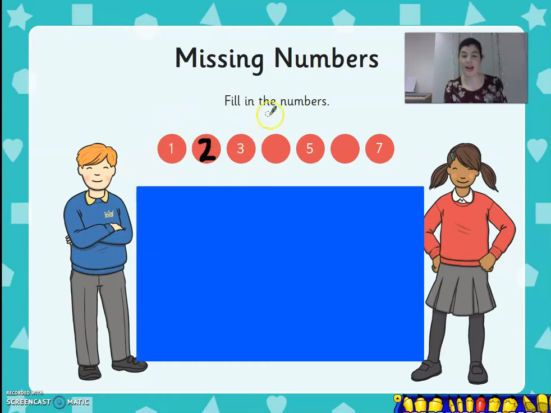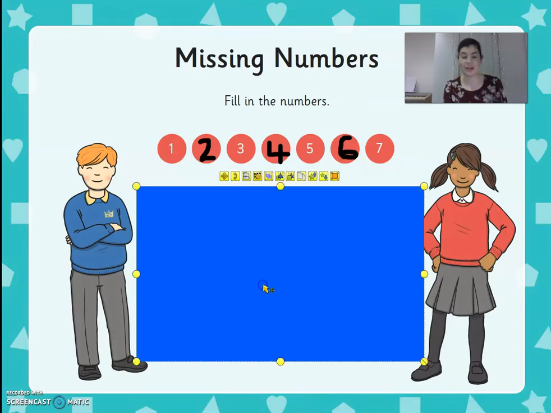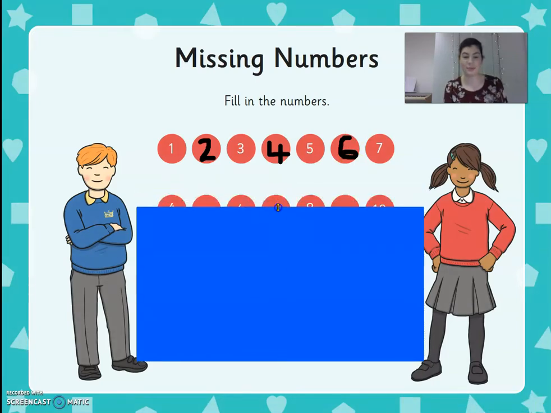We've got 3. What's going to come next? It's 1 more than 3 and 1 less than 5. The number is going to be 4. 1, 2, 3, 4. Absolutely. I'm going to put a number 4 in there. 1, 2, 3, 4, 5, 6, absolutely. We're going to put a number 6 and then just to check, 7. Okay, well done. Are you ready for the next one?